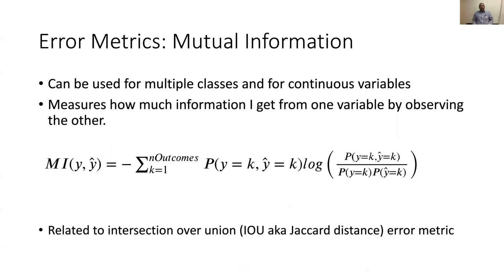Okay, so far, all the error metrics that we've talked about have been for the binary case. So how do we handle it when the outcome has multiple classes, multiple types of labels?